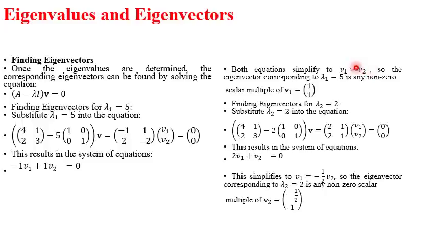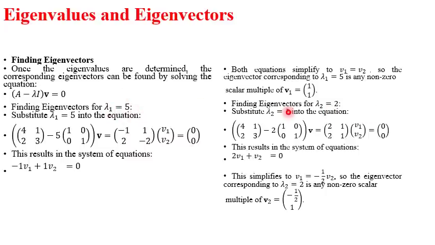So basically, assuming 1 for v1 is just the basics, and it is true for all values. So we can assume 1 for v1 and 1 for v2. So then this becomes the eigenvector for the eigenvalue of 5.